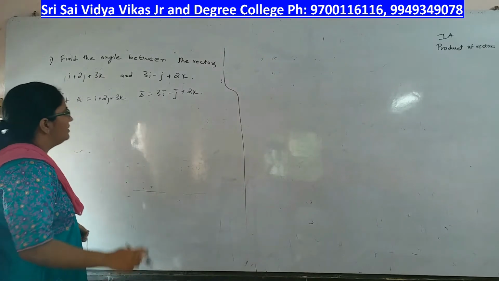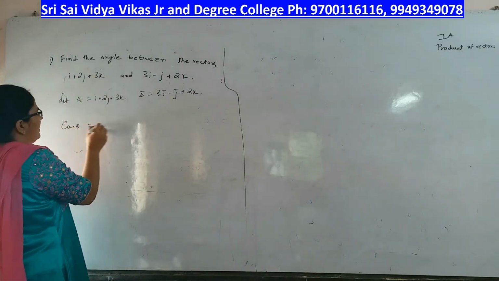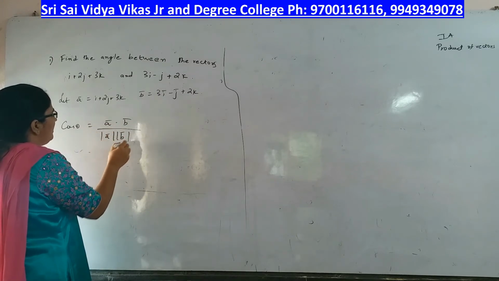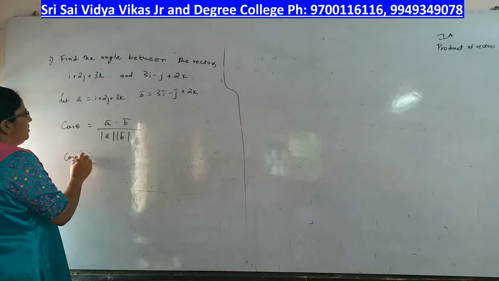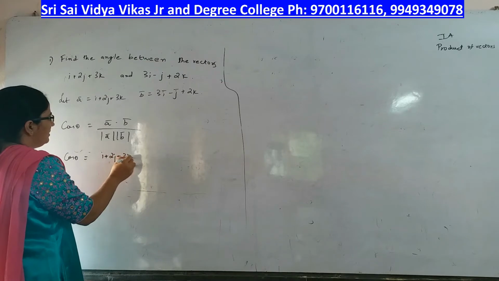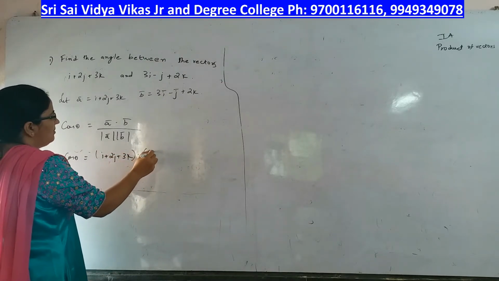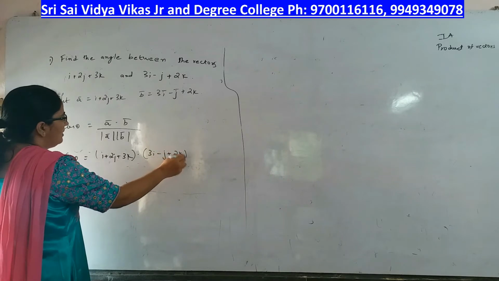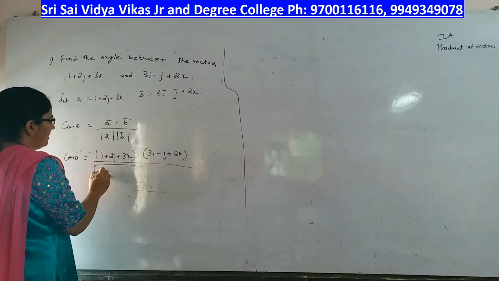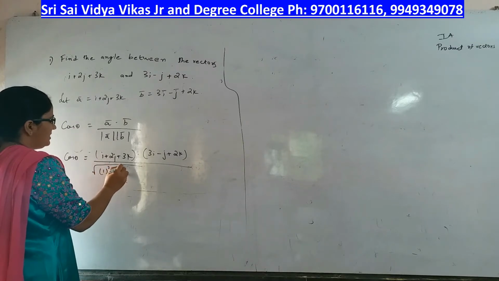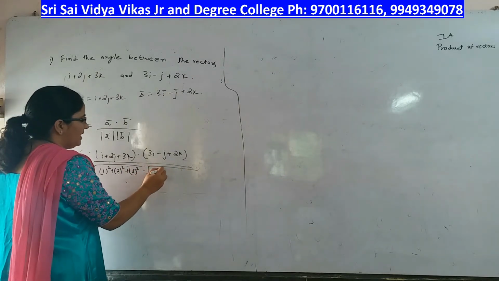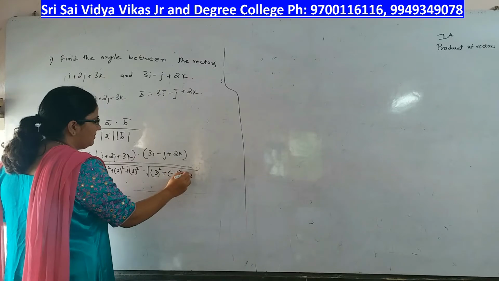The formula is cos theta is equal to a bar dot b bar by modulus of a bar into modulus of b bar. Cos theta is equal to (i plus 2j plus 3k) into (3i minus j plus 2k) by under root of 1 square plus 2 square plus 3 square into under root of 3 square plus (minus 1) whole square plus 2 square.